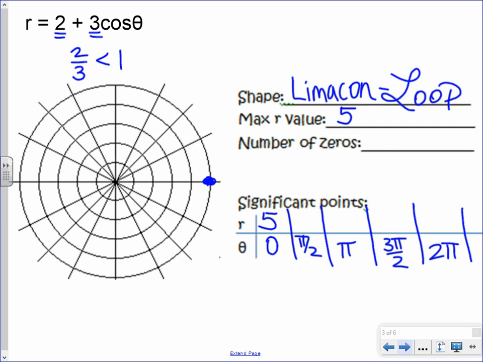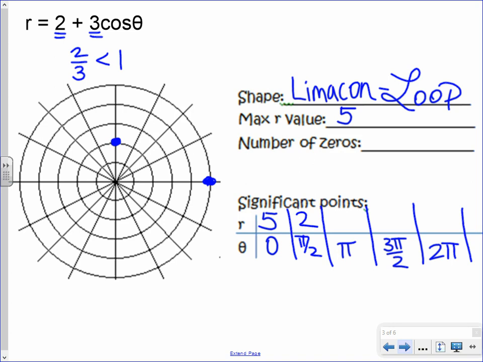Then we move to pi over 2. What is the cosine of pi over 2? 0. So we have 2 plus 3 times 0. So our R value is 2. So at pi over 2, the R value is 2. All right, pi.